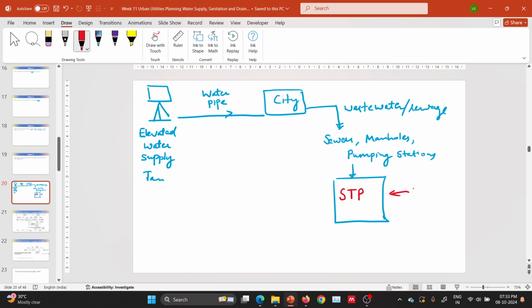That is the artificial method of sewage treatment.